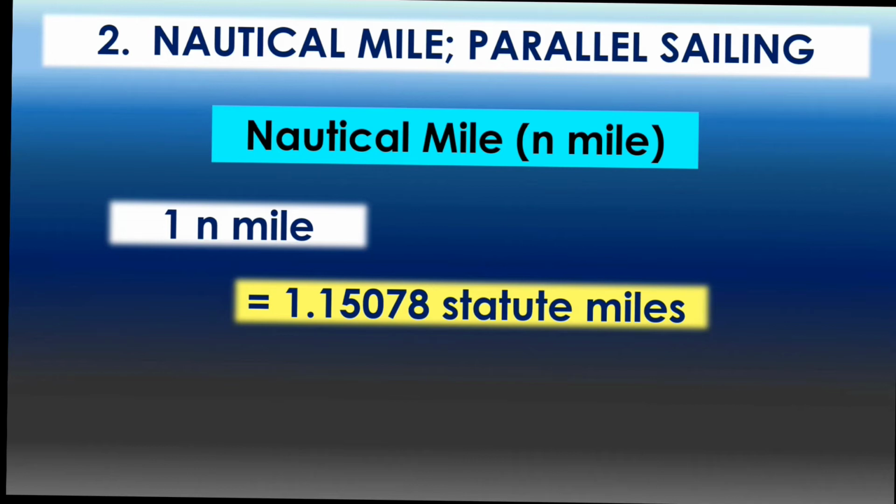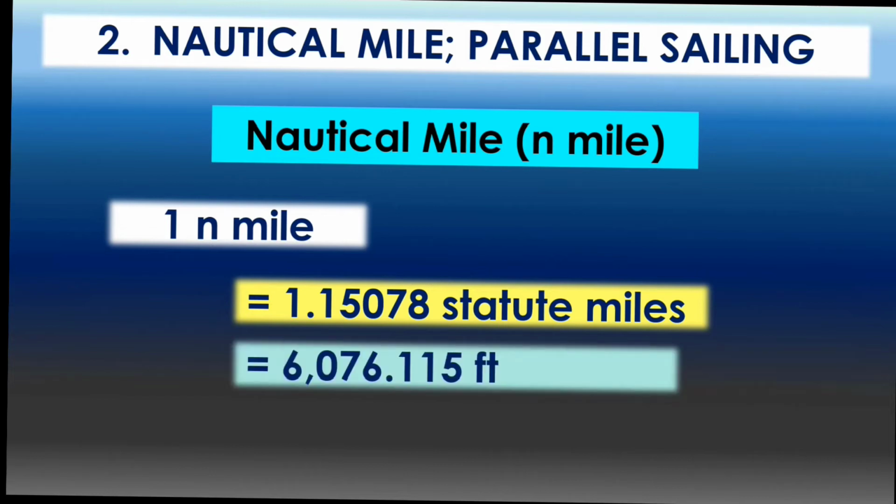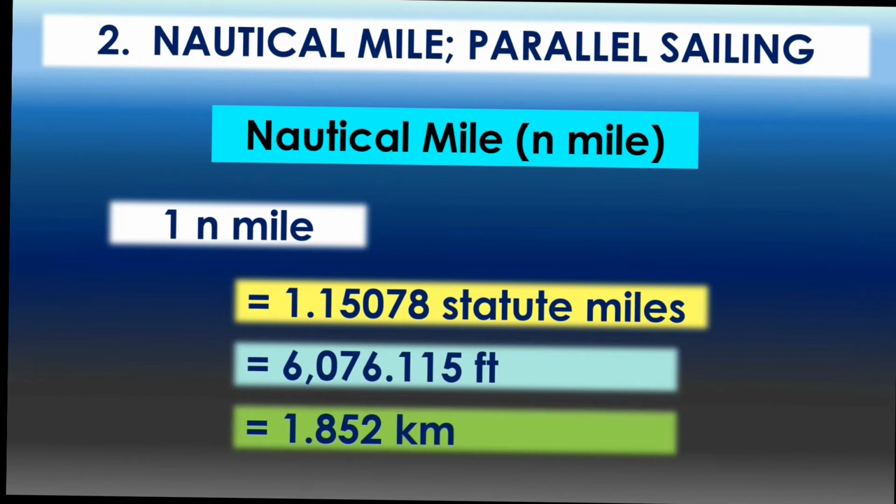So 1 nautical mile is also equivalent to 1.15078 statute miles, and also equivalent to 6,076.115 feet, and also equivalent to 1.852 kilometers. Okay, so these are the equivalents of 1 nautical mile.